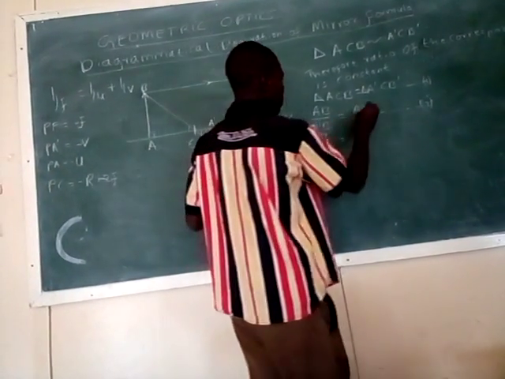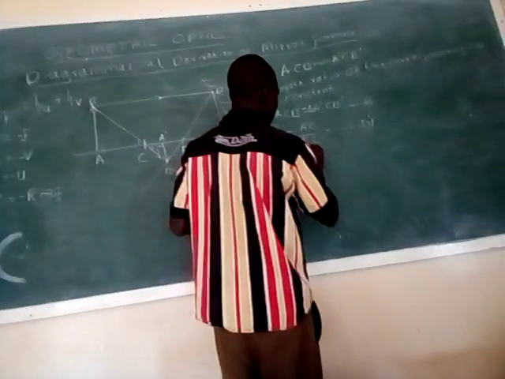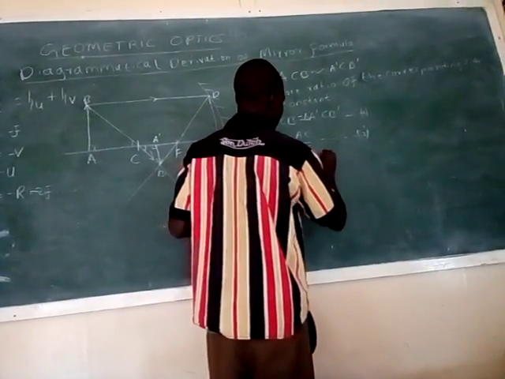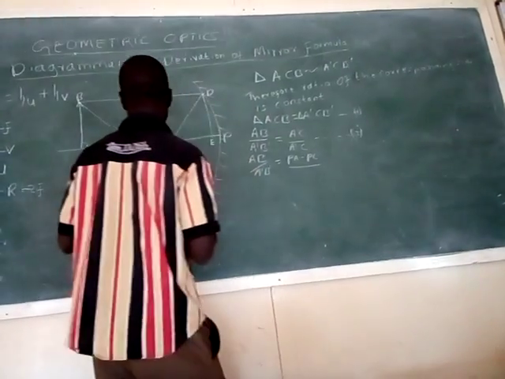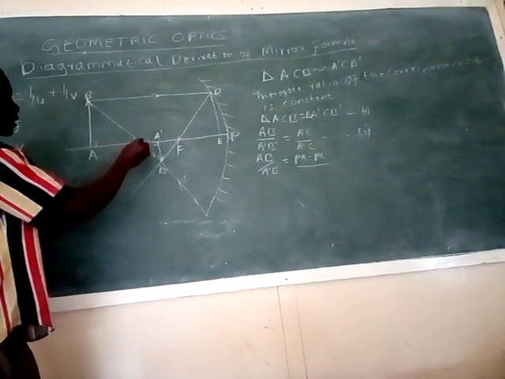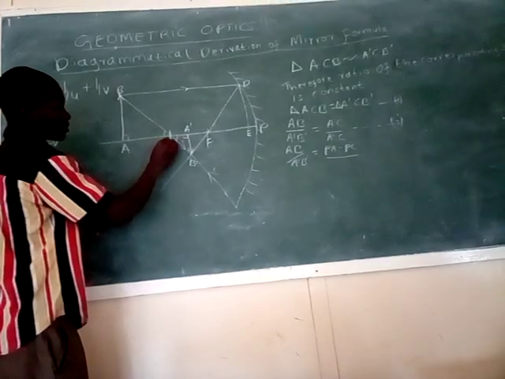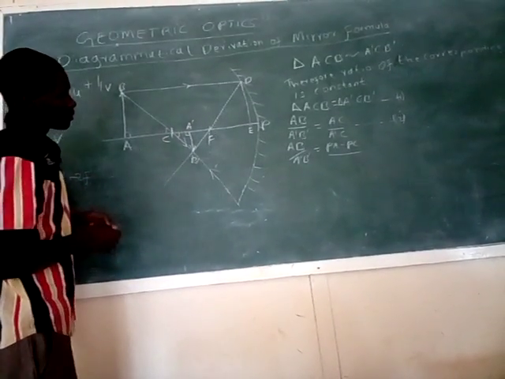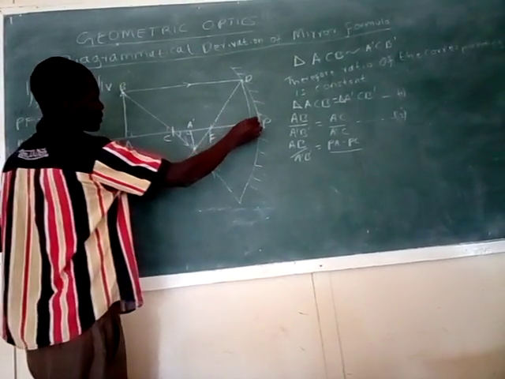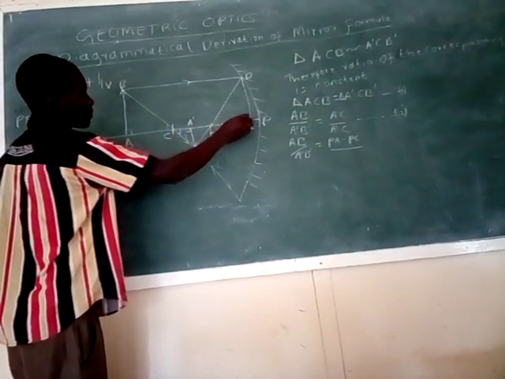So AC over A prime C is PA minus PC all over A prime C. Are you seeing A prime C? A prime C is PC minus PA prime.